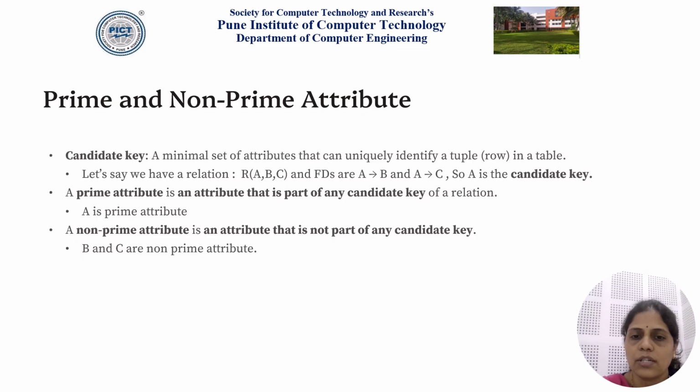All those attributes are prime attributes. In turn, the attributes present in the candidate key are prime attributes, and all other attributes are non-prime attributes. A non-prime attribute is an attribute that is not a part of a candidate key. So in this case, B and C are non-prime attributes.